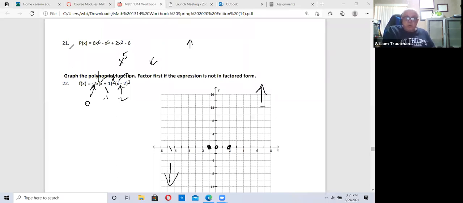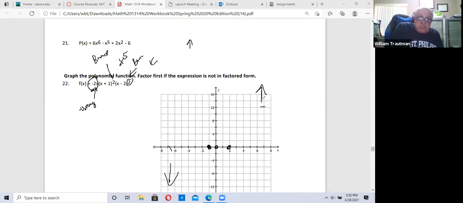Also, there's a couple more things we need to know. At 0, there's no power on that factor, so it goes through. If there's an even power, it bounces. It bounces there, and there's an even power for it, so it bounces off of there.